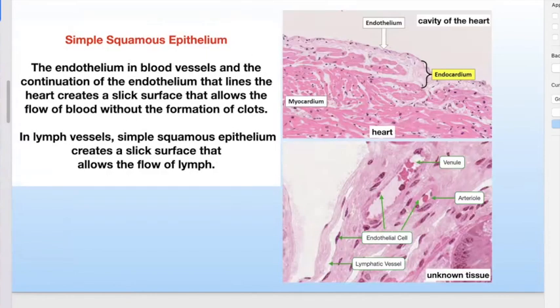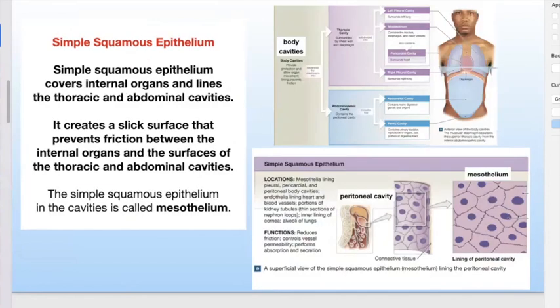The endothelium in blood vessels and the continuation of the endothelium that lines the heart creates a slick surface that allows the flow of blood without the formation of clots. In lymph vessels, simple squamous epithelium creates a slick surface that allows the flow of lymph. Simple squamous epithelium covers internal organs and lines the thoracic and abdominal cavities.